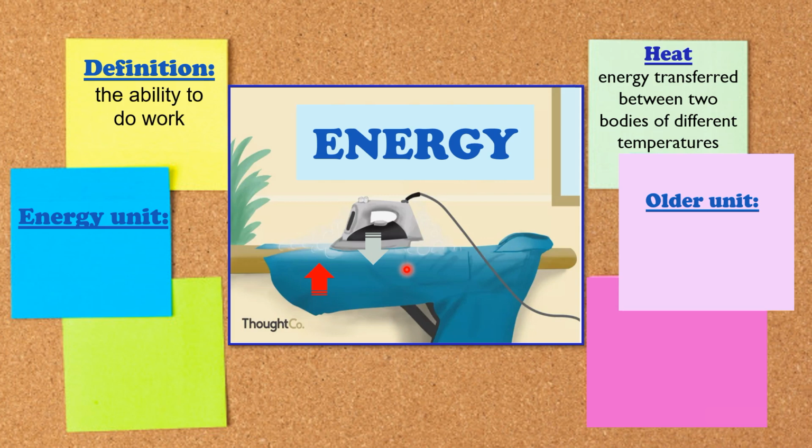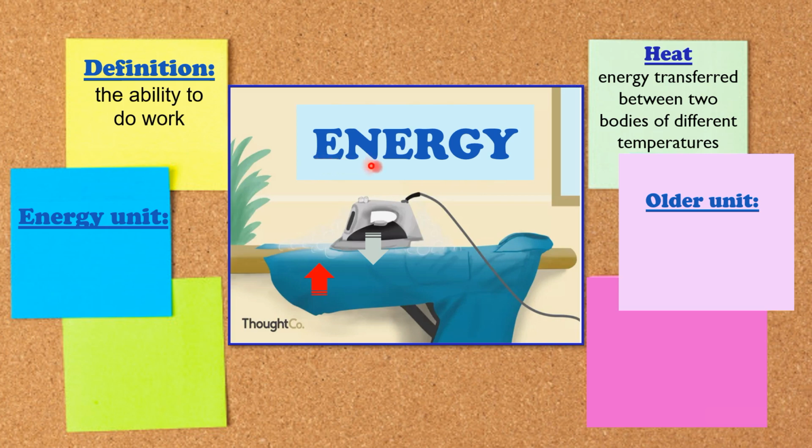In the previous lesson, we already learned the meaning of heat, that is, energy transfer between two bodies of different temperatures. So heat is a type of energy. In the iron, electrical energy is transformed into heat energy.